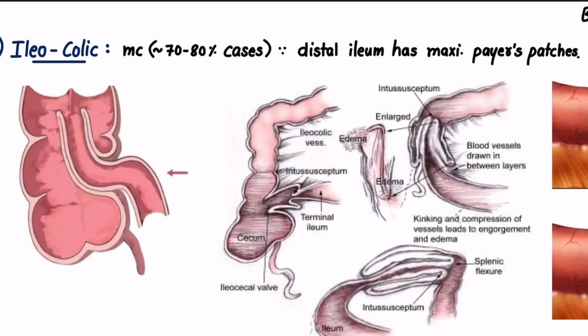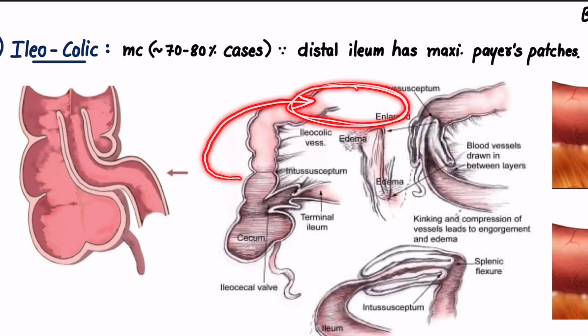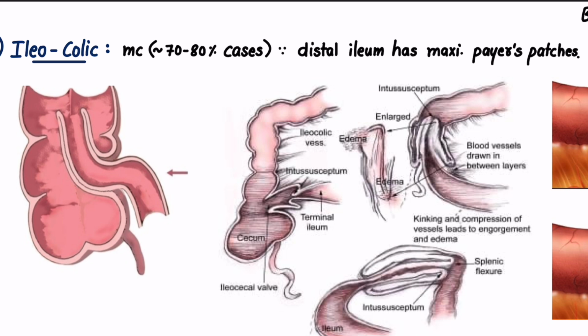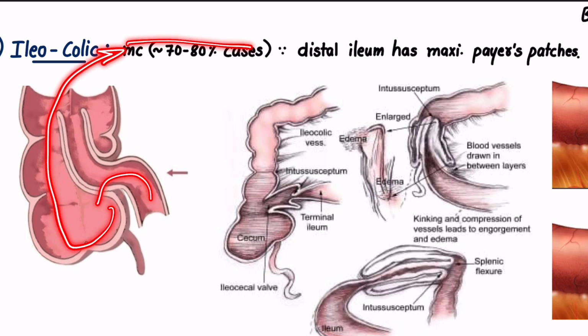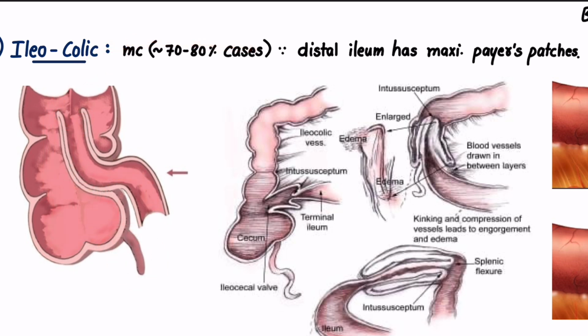So sometimes, very rarely, the invagination can reach up to the anal opening. But in most cases of ileocolic intussusception, the invagination will move inside and stop somewhere in the transverse colon. Along with this, the appendix is also getting invaginated.